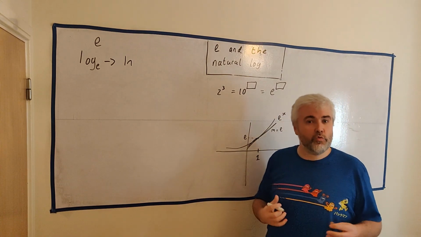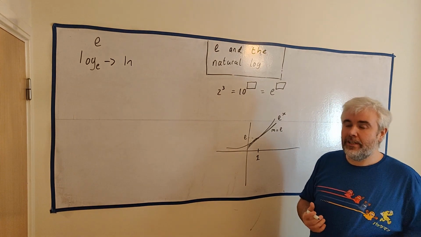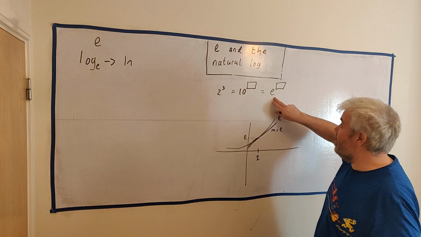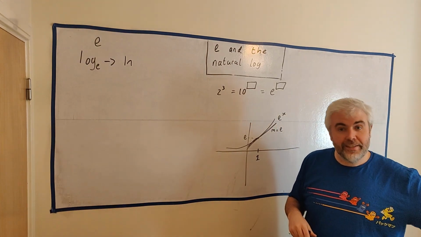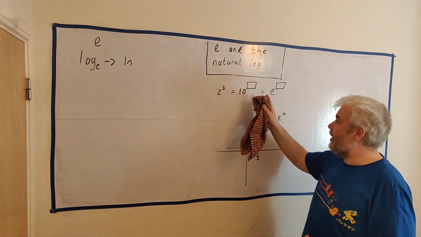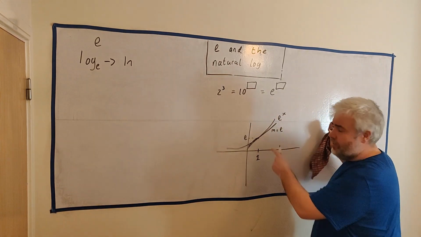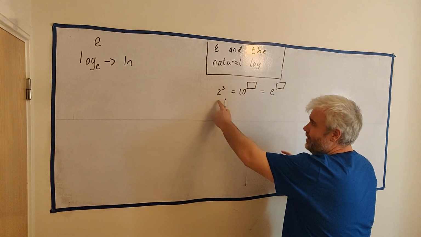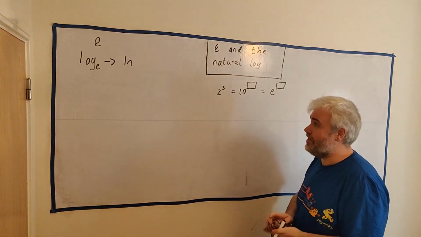It makes these functions really easy to deal with, really easy to manipulate. And for that reason, in maths, we love changing everything into e. We think it's the best number to use as a base. If we ever have powers, we like to change it into e. I'll rub this out, it's not important for now. Now, not when it's just a simple number. In this case, 2 would be the best because it comes out nice and evenly.